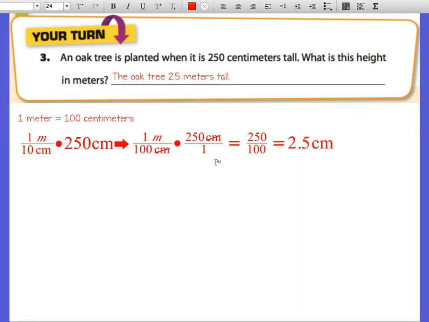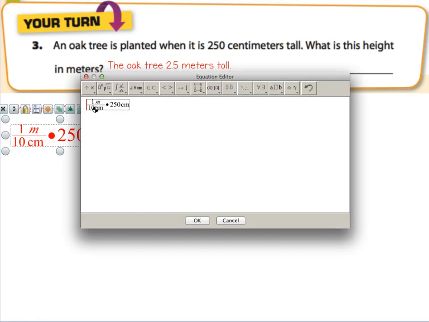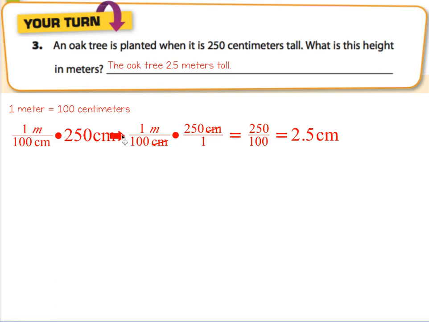All right, so in this case, again, you should have found that your conversion factor was 1 meter equals 100 centimeters. So then when you multiplied that, since you're going from centimeters, again, what you want goes on top and what you have goes on bottom. So now here, you would have ended up dividing because 250 would have been over 100. So you would have done 250 divided by 100 because of how it works out.